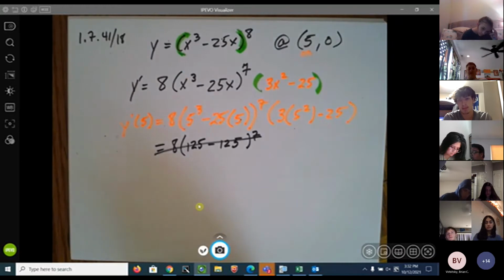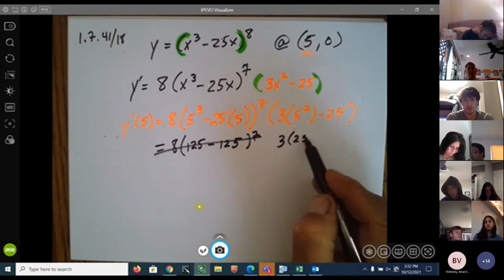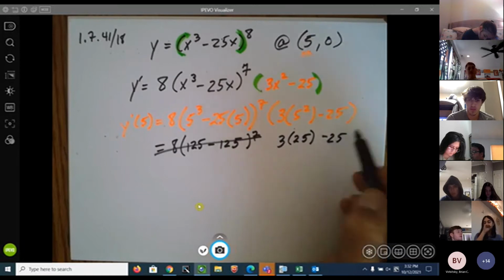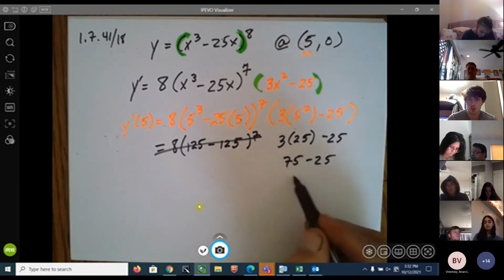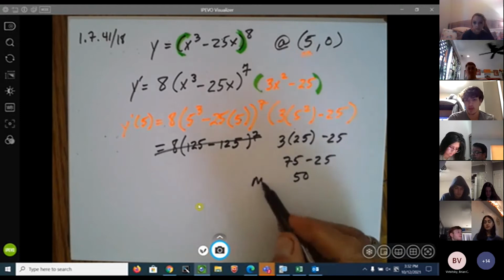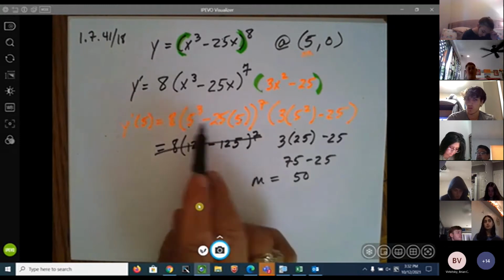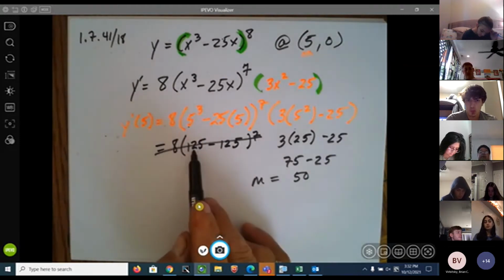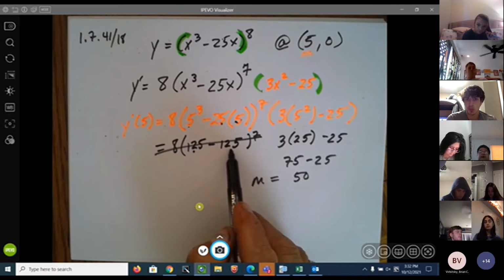It goes out. 3 times 25 minus 25 is 75 minus 25, which is what? So m is equal to 50. Y'all check my math there. I think 5 to the third power is 125, and 5 quarters is $1.25.